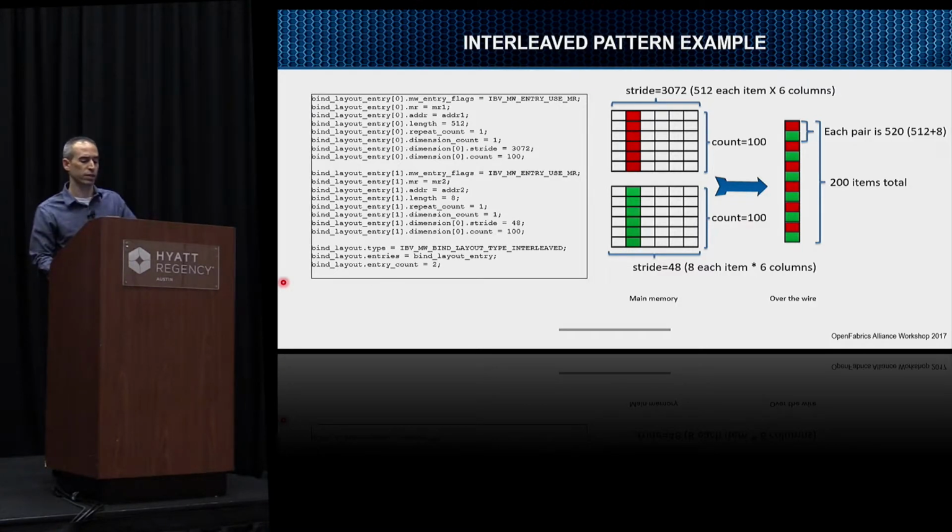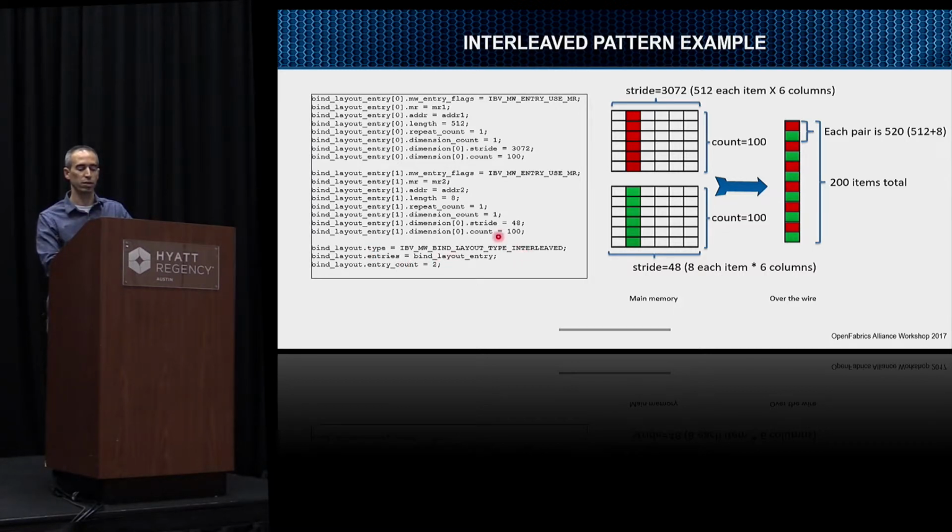Another example is the interleaved case. So in the interleaved case, we use 2 entries. In each entry, we describe the matrix and then describe the column in the same fashion as we've done with the earlier example. We define the type here of the memory layout to be interleaved.